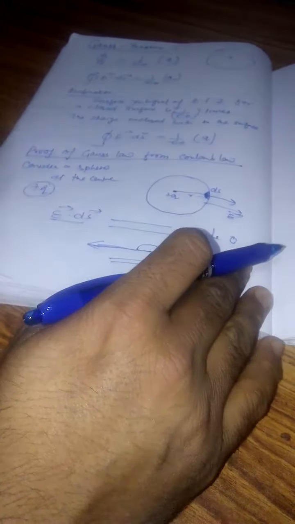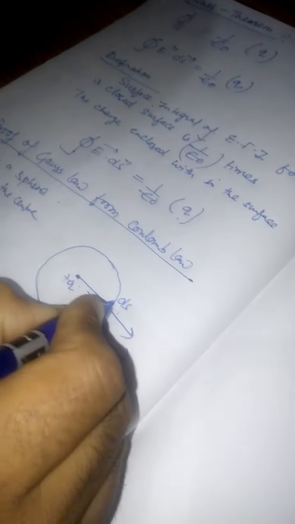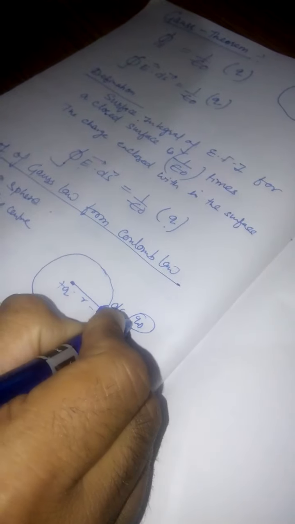Now, according to Coulomb's law, suppose we want to calculate the electric field intensity here, and we choose a small test charge q0. A test charge is a charge which is used to detect the presence of an electric field.